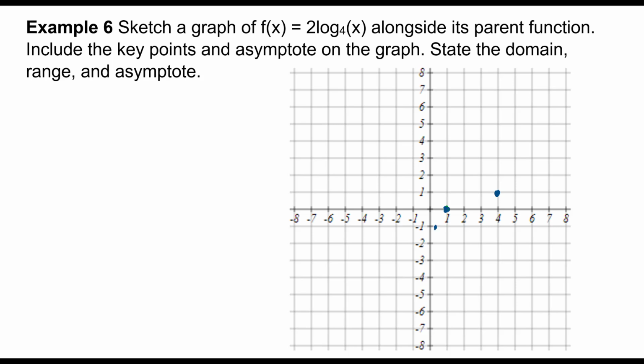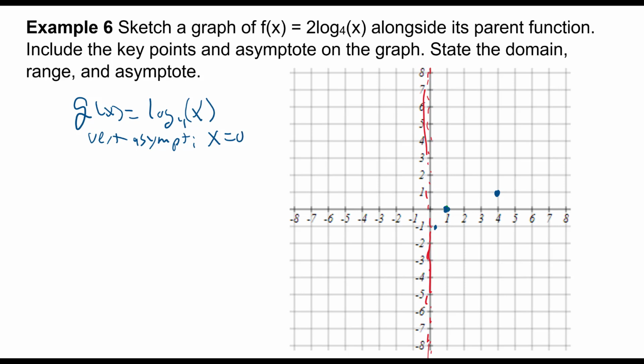And we have this as our vertical asymptote. No y-intercept. So for our original, g of x equals log base 4 of x, we will have a vertical asymptote of x equals 0, which is not going to change.